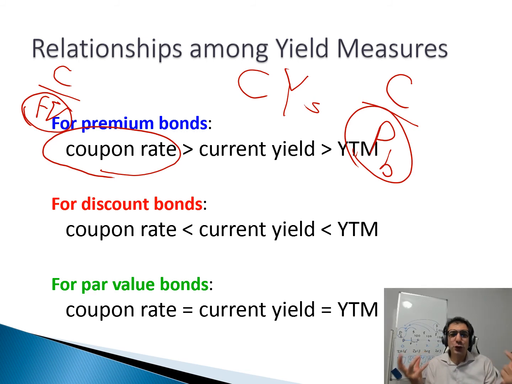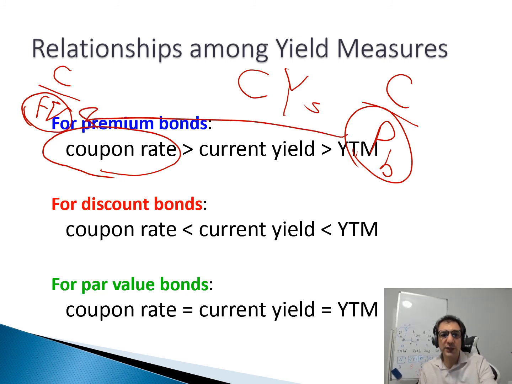So you're talking about two ratios. The numerators are the same; both have the coupon payment. The current yield has the bond price in the denominator, which is greater than $1,000. So what will happen in this case? The whole ratio becomes smaller. That's why the current yield for premium bonds is less than the coupon rate.